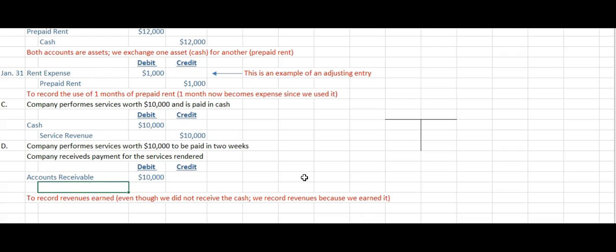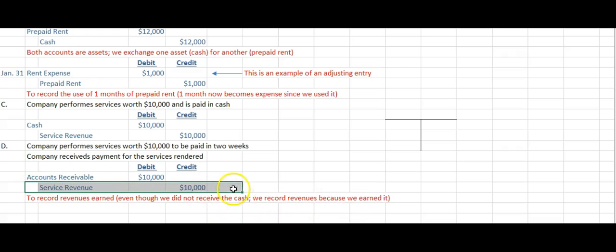We're going to put the exact same thing, service revenue, because we are doing what we call accrual accounting. So you're going to recognize revenue whether you receive the cash or not, as long as you earn it.